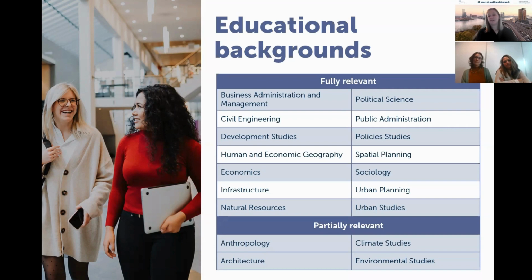Your input is regarded very important in both cases, because we do want to encourage peer learning as well in the program. So you not just only learn from the course coordinators, but also from your peers who might look at the same topic very differently. So you can see the list of fully and partially relevant educational backgrounds here and also on our website.